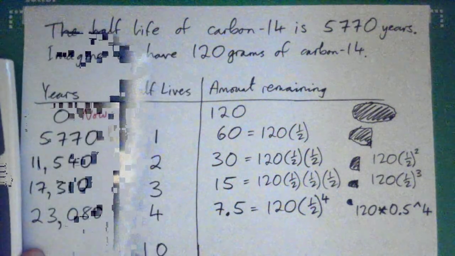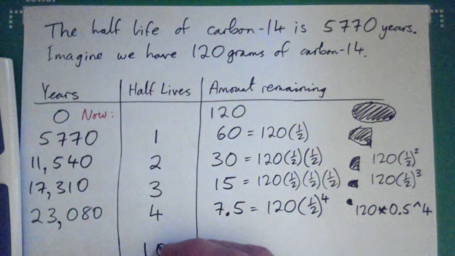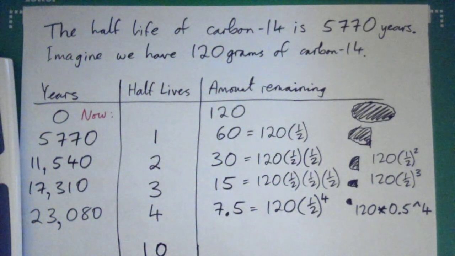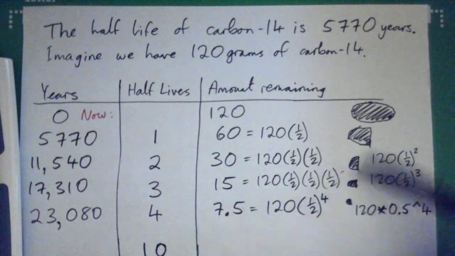Right, cool. So, skip all the way to 10 half-lives, and how much have we got left? What formula could we use for this? Go ahead and figure out how many grams remains after 10 half-lives.